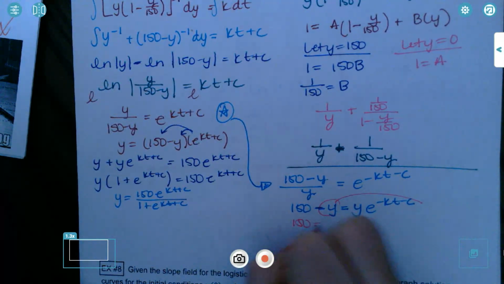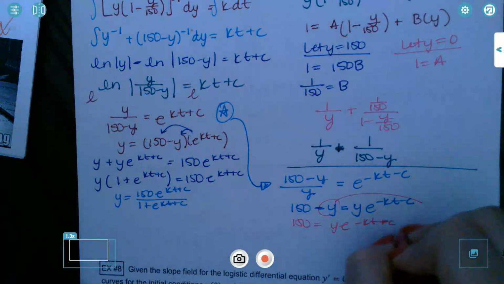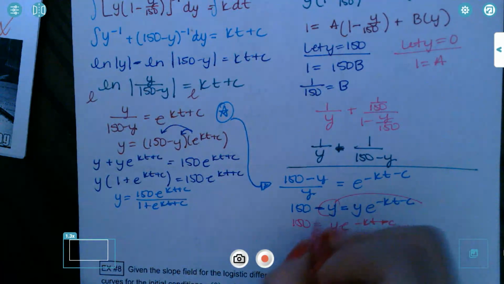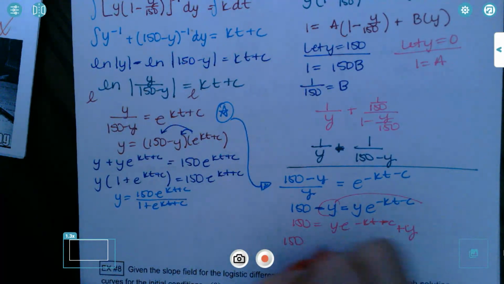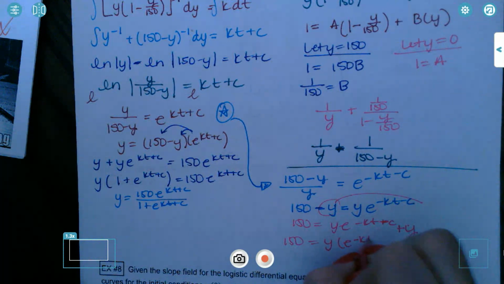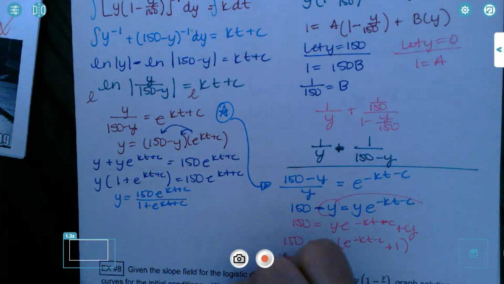So 150 would equal y e to the negative kt minus c plus y. And then you could have factored your y out there. So 150 would equal y times e to the negative kt minus c plus 1. And then divided.